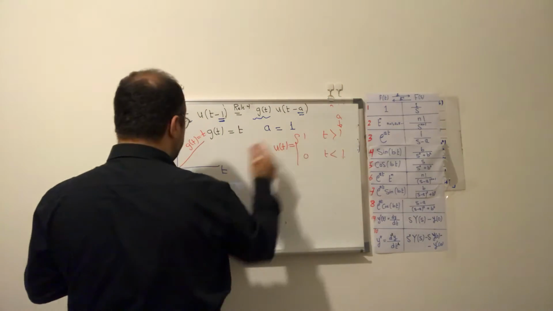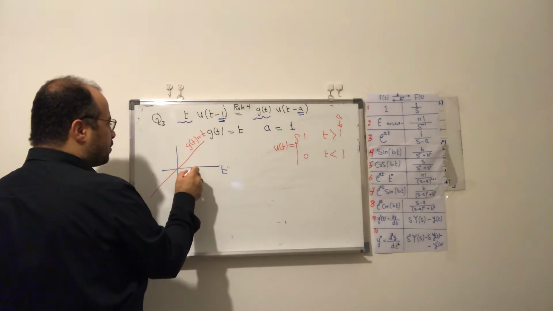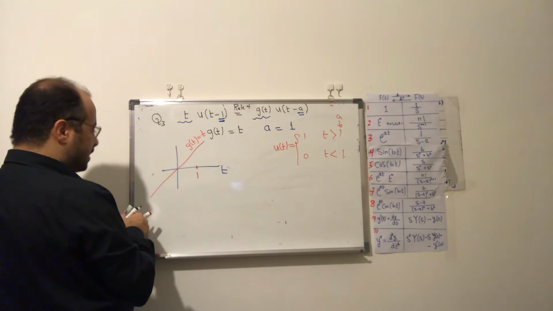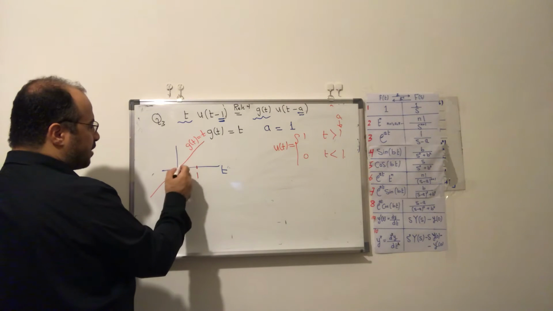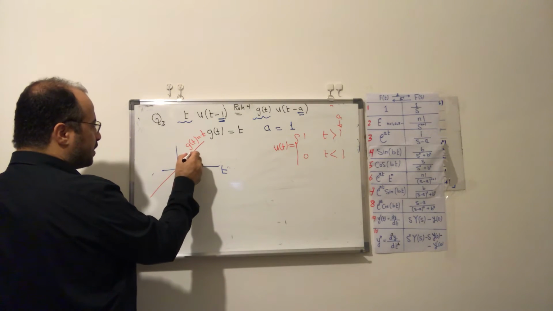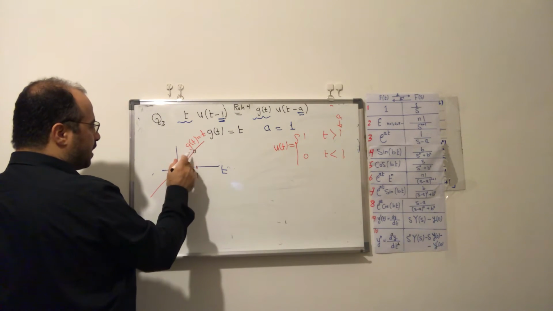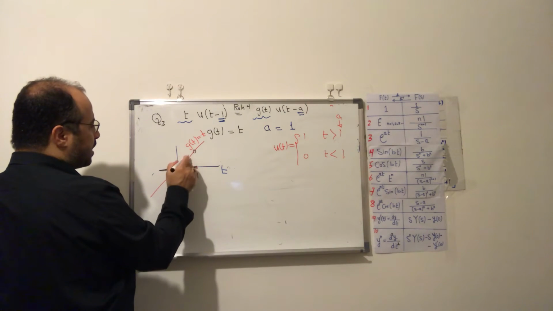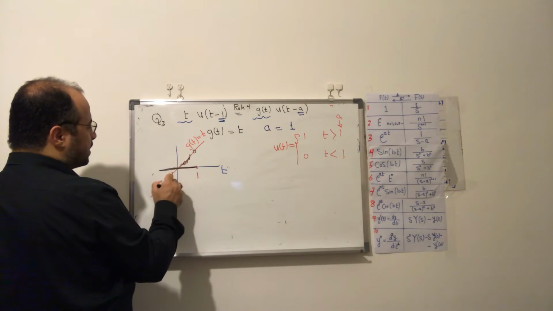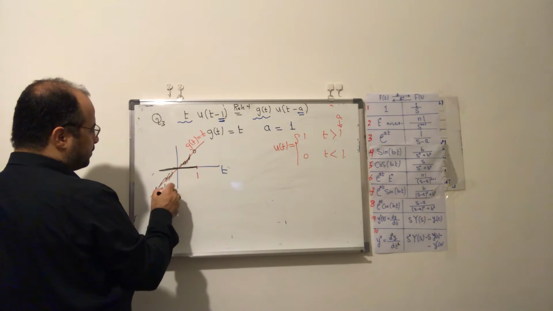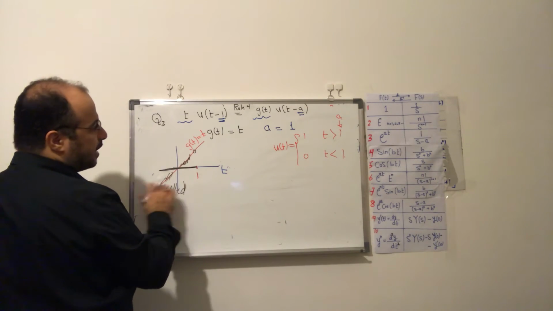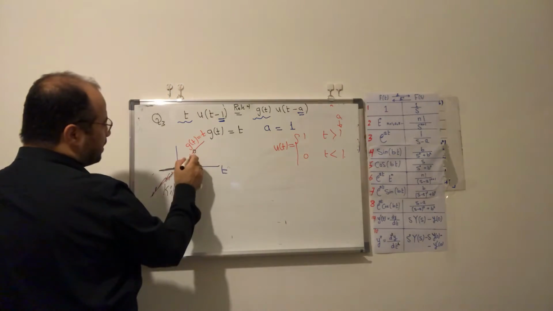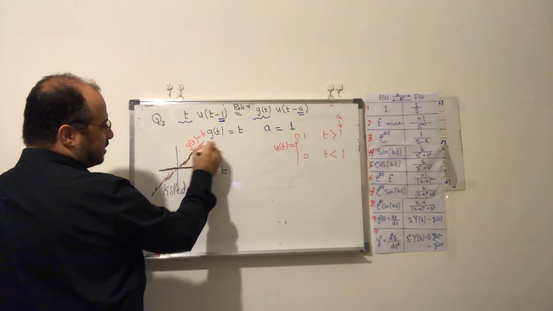Now this thing means whenever you go to the number 1 here, you need to kill the function which is less than 1. So anything less than 1, here I make a circle, should be killed. This part is killed because it is multiplied by 0, but that part stays.